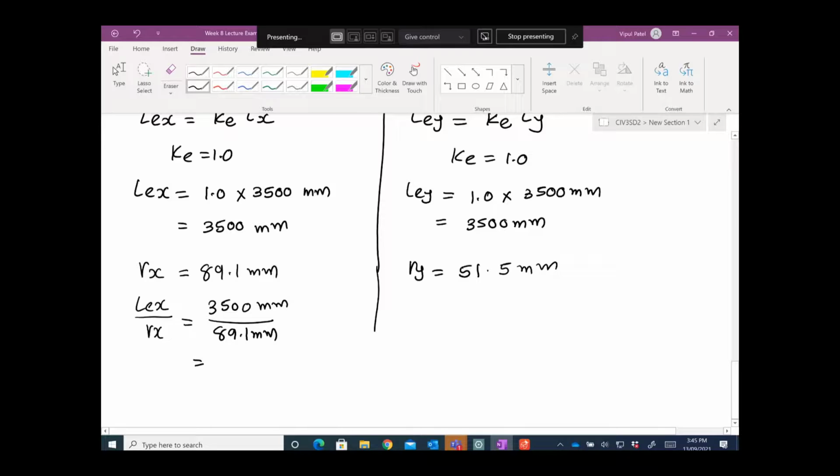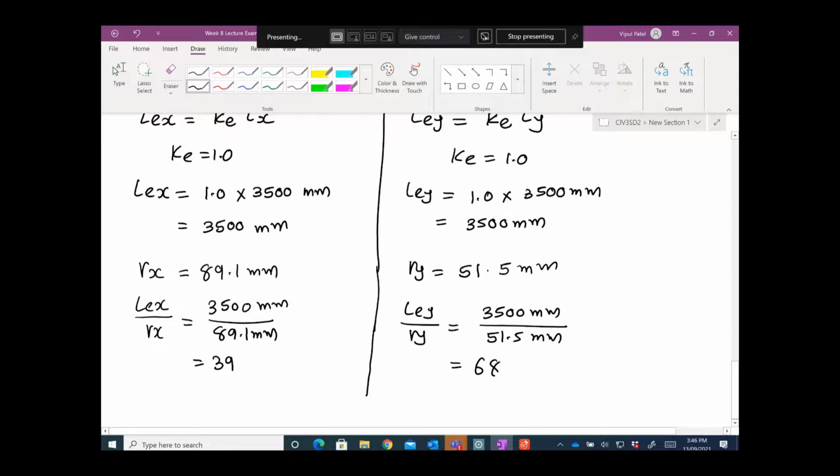You get 39. And the effective length about the y-axis over ry is 3500 millimeters over 51.5 millimeters, so you get 68.